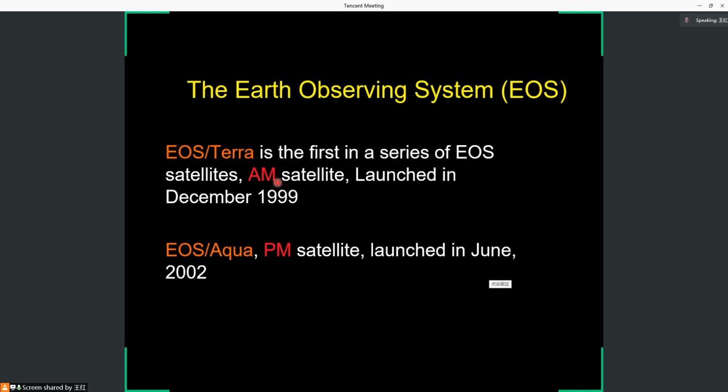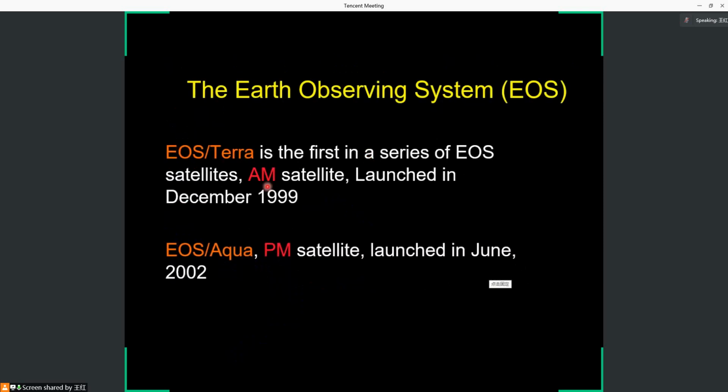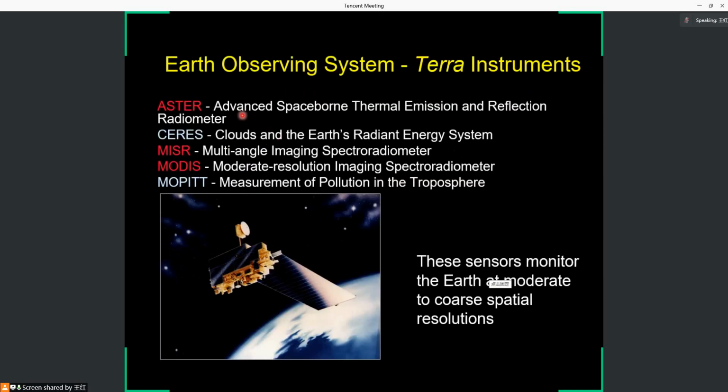So two times daily. Here we introduce the Terra AM satellite. Terra has five sensors to monitor. First is ASTER.